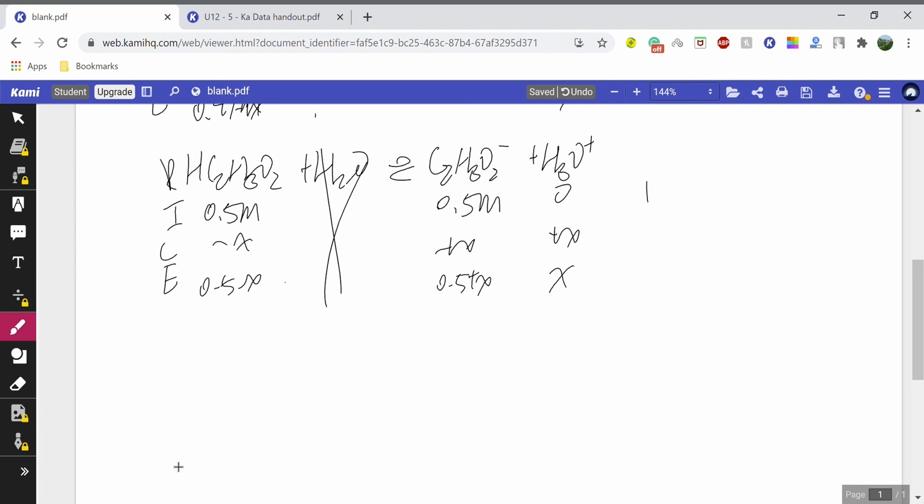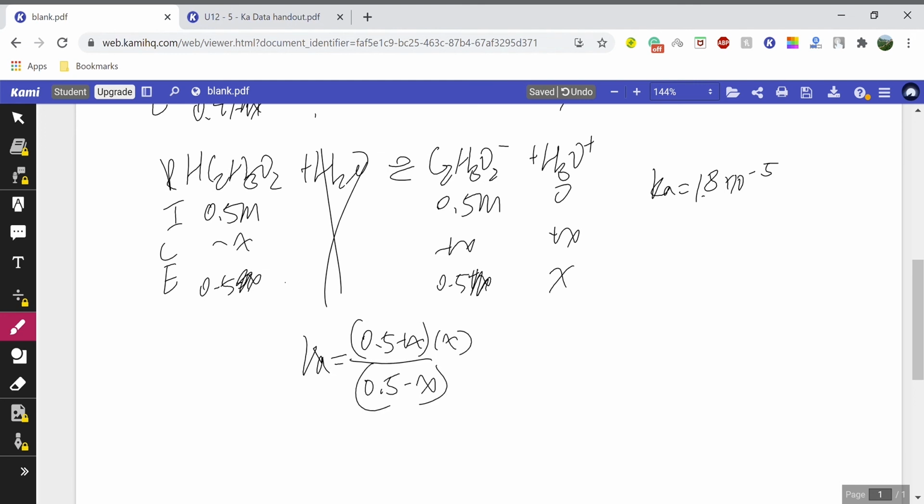Now our Ka is 1.8 times 10 to the negative fifth. Because Ka is so small, we can delete this plus x and this minus x. This is basically saying Ka is equal to 0.5 plus x times x divided by 0.5 minus x, products over reactants.